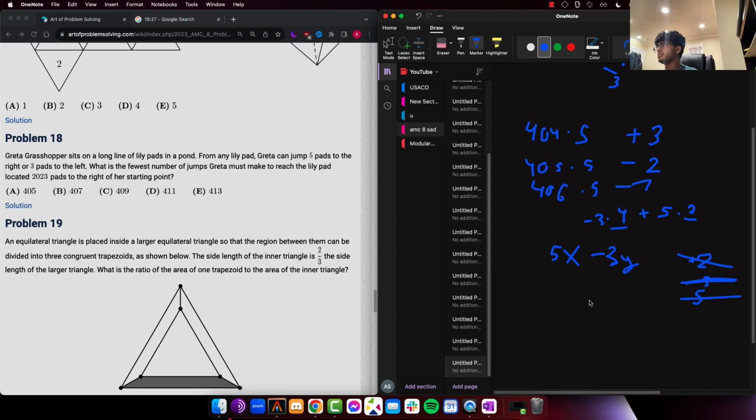You can do 5 times 3, which is 15, minus 3 times, no, wait, hold on. 5 times 2, which is 10, minus, oh wait, I'm doing this backwards, hold on.